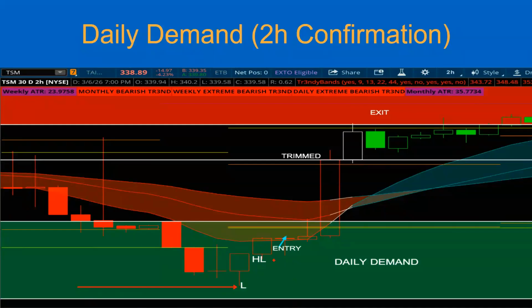We went down to a 2-hour chart to wait for a low, then a higher low, and a break above the body of the higher low candle to enter the trade, trimming at first target and exiting at the supply zone. So this was another great confirmation trade.